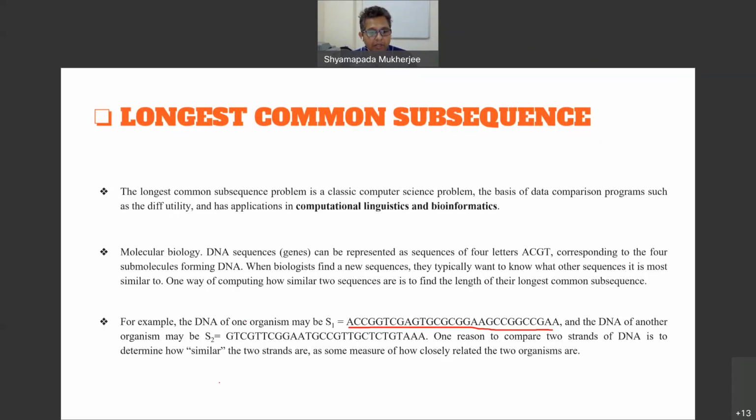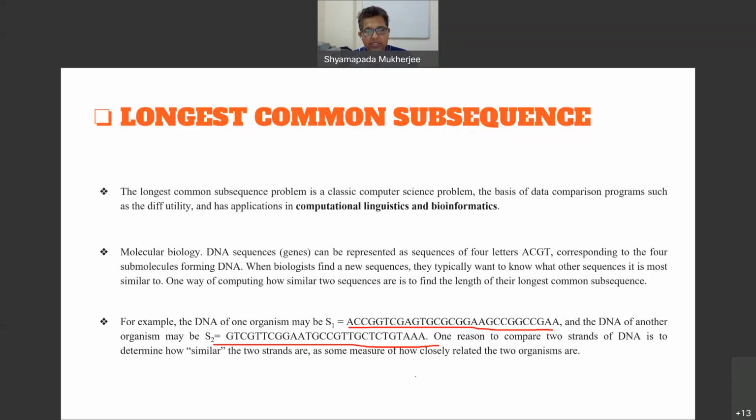So you see the two sequences we have are S1 and S2. And what do we want to do? We want to find out the similarities between them, because this is a huge application in bioinformatics, where we want to find out any new or existing DNA from any kind of life or substance, and find the similarity between them so that we can have an idea of how much it resembles the existing one.